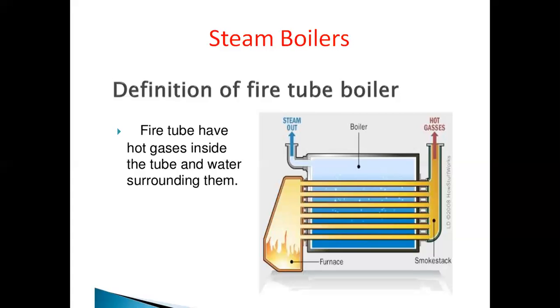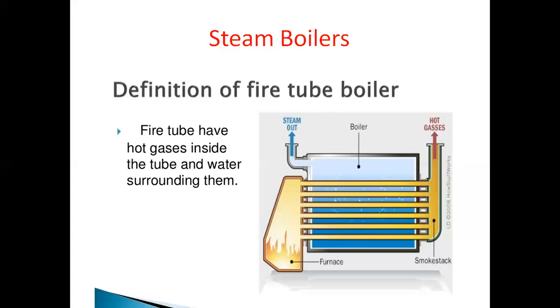So we may choose based on the quality of steam required. Coming to the quality, steam is nothing but the vaporized form of water. If the steam has water particles present in it, it is wet steam.